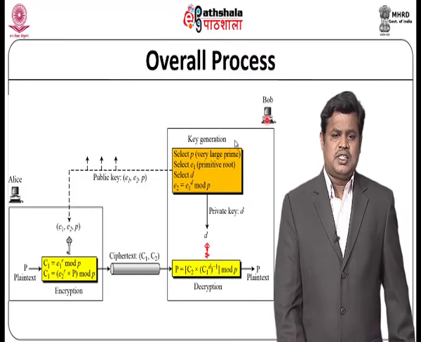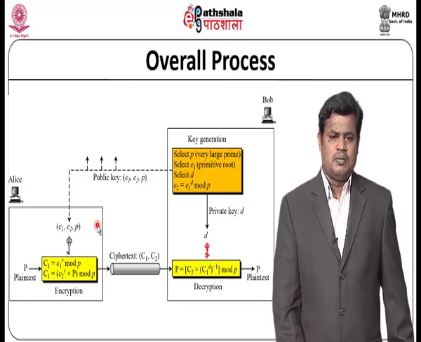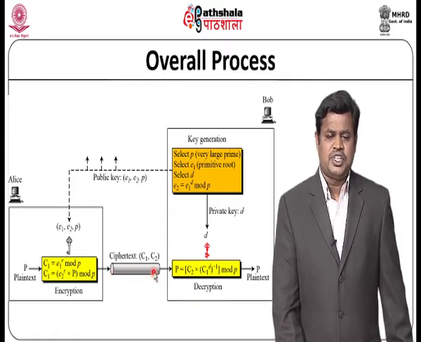So, using this ElGamal crypto system, how is it going to do the process? We can see there is a channel between Alice and Bob, and this channel is tunneled, or covered, to protect the information from the attacker.